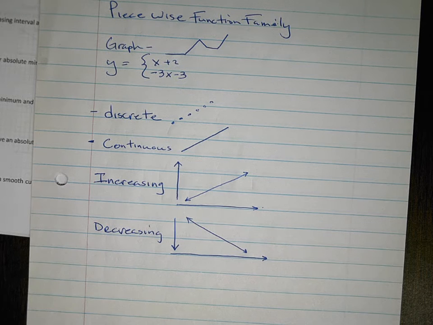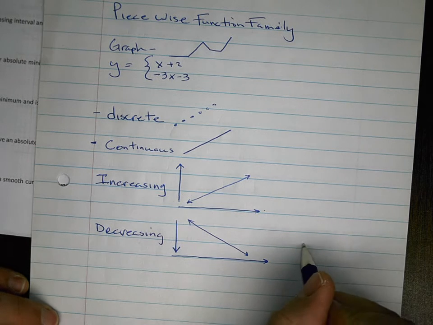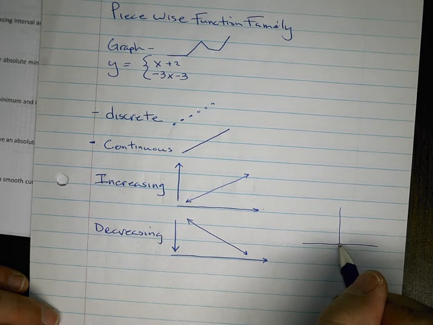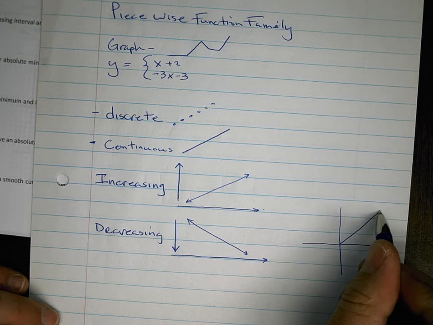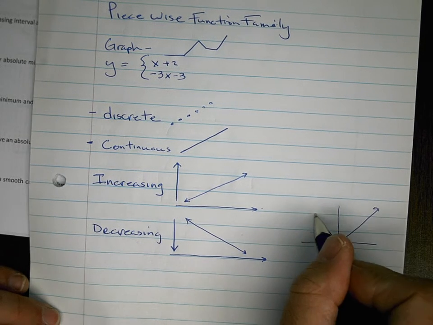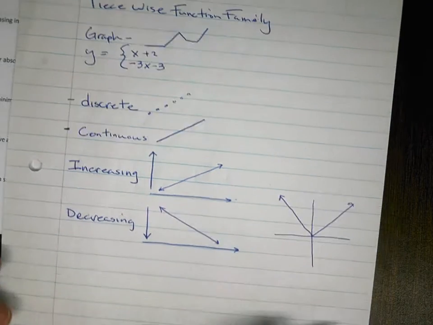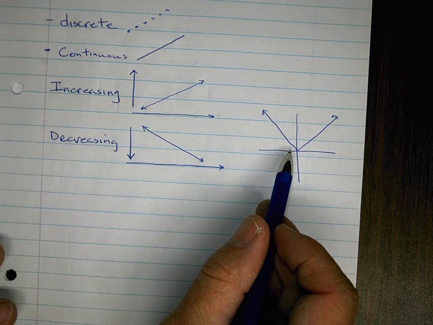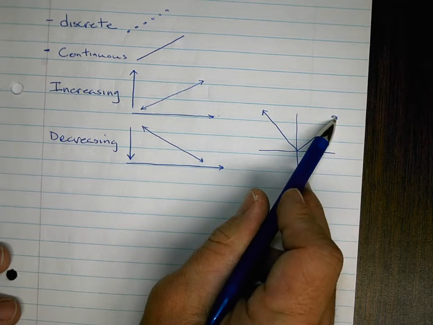Okay, and sometimes graphs can do both. Think about a linear absolute value graph. Let's take the most basic one we've worked with. Can you guys still see that? So this is a linear absolute value graph, correct? Now don't get hung up on the arrows.